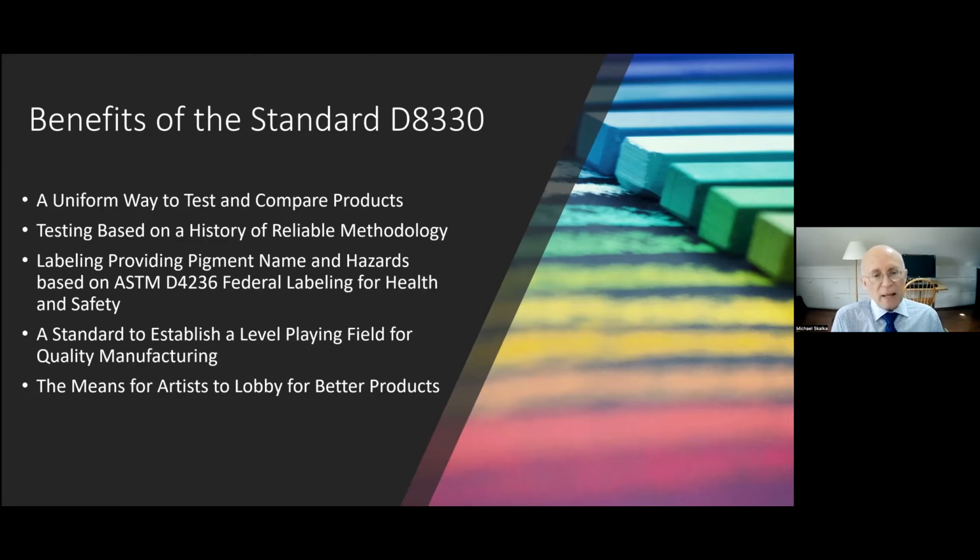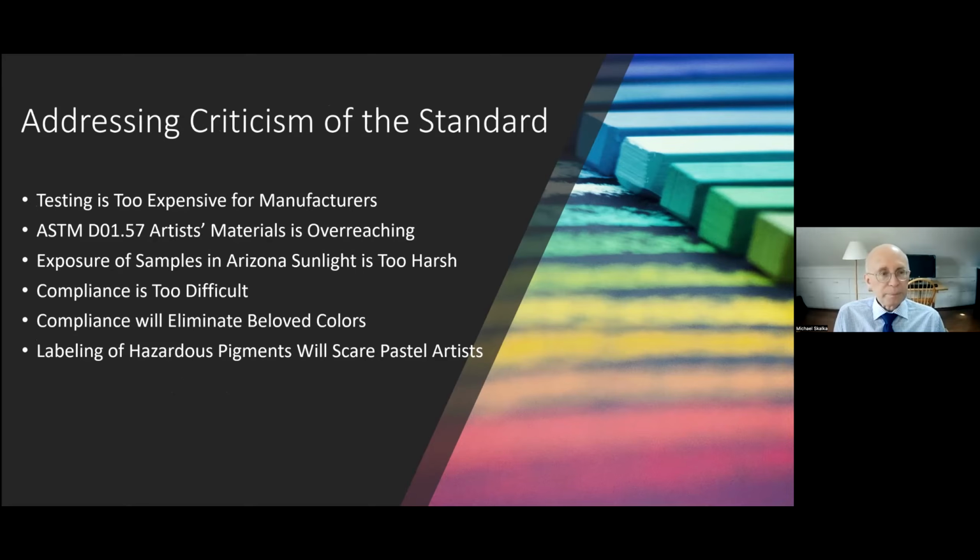So establishing that level playing field of good labeling, a test that works, means that we have something that is verifiable and usable for manufacturers and that the public can rely upon. And it also then gives us a lever, which we'll talk about later, for artists to lobby for better products, because you can understand then that a test either passes or fails for a material.